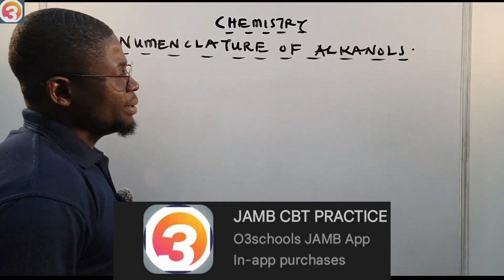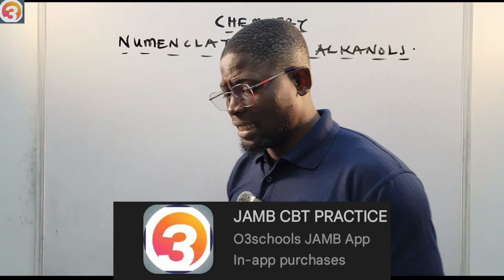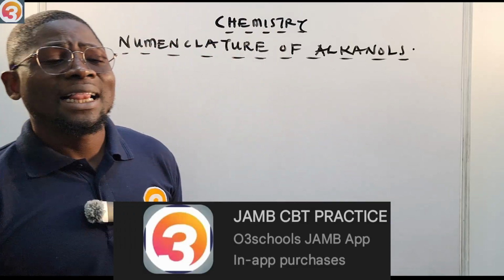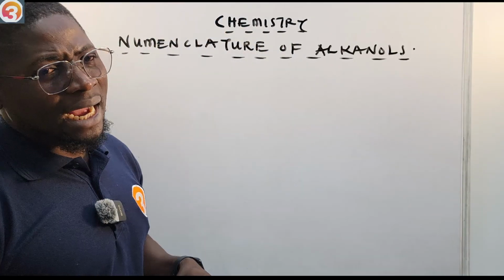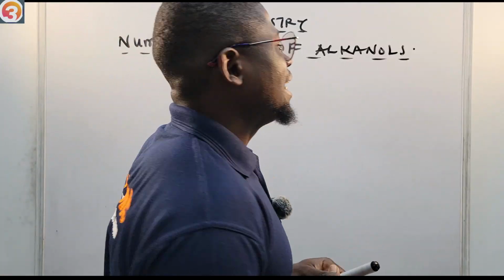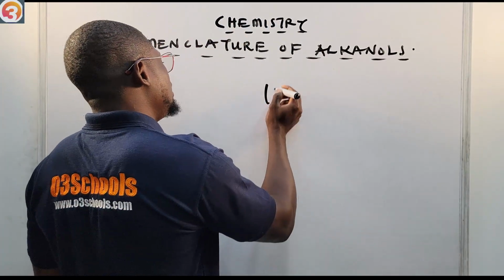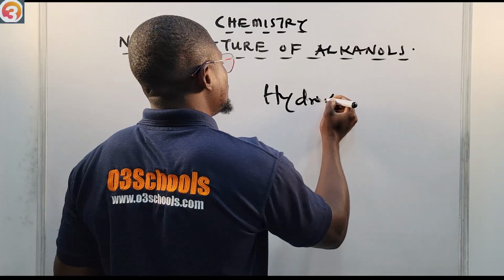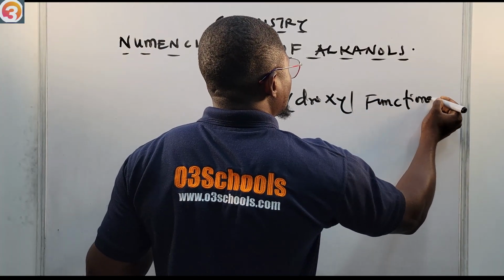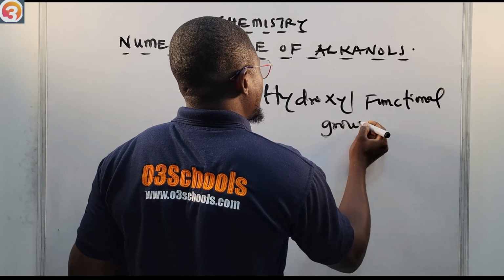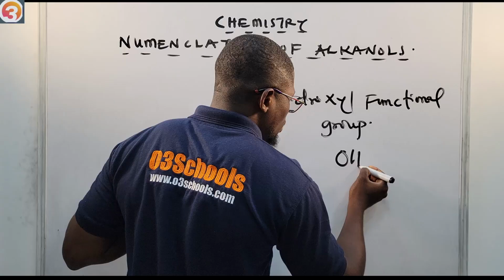So let's go see nomenclature of alkanols today. Nomenclature of alkanols, or the alcohols. We said the trivial name for alkanols are the alcohols, and very importantly, they are characterized by the hydroxyl functional group, which is this OH group.